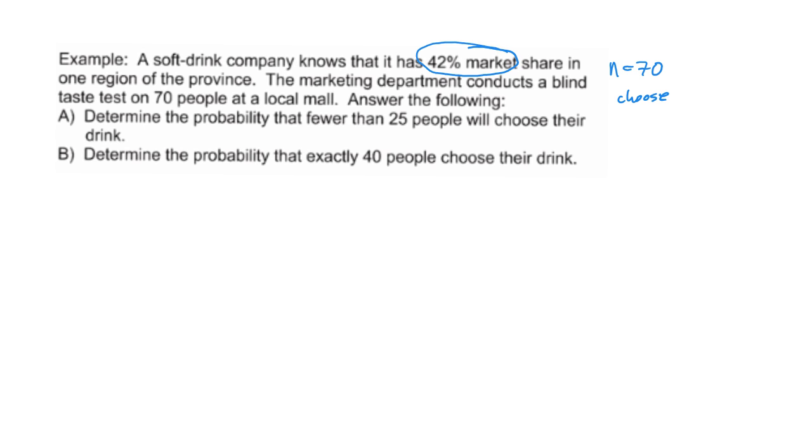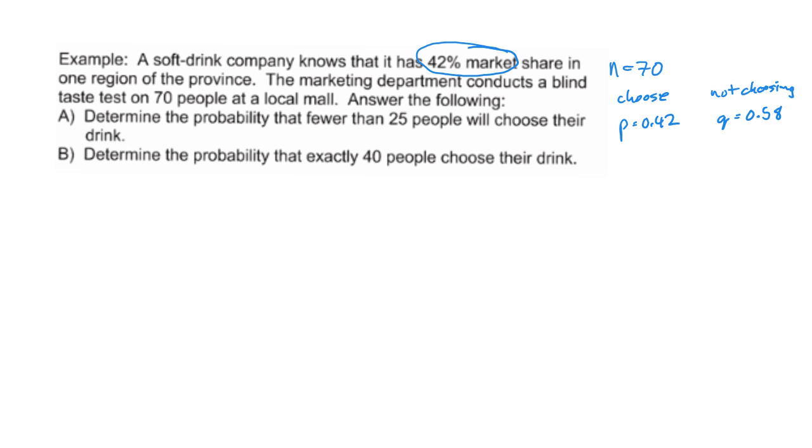So P is equal to 0.42. All right. And then for not choosing, for this binomial distribution, you got Q is equal to 0.58.